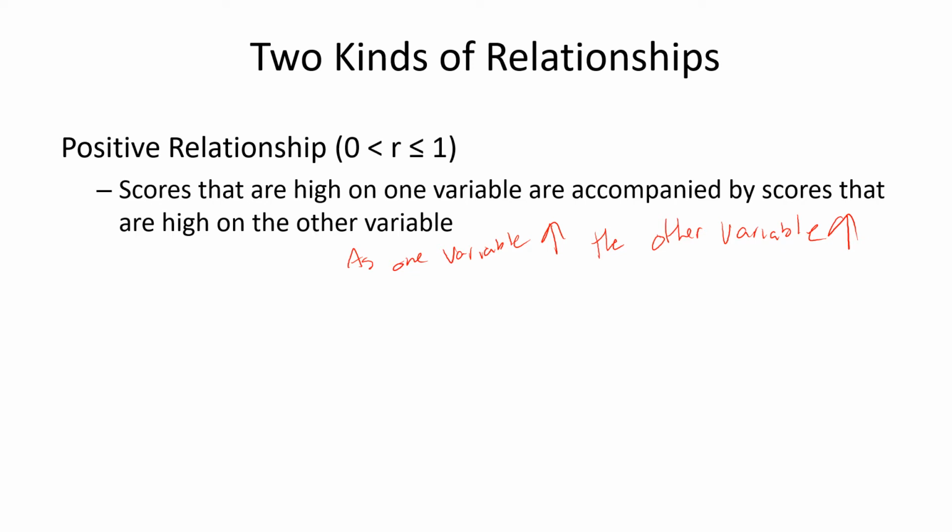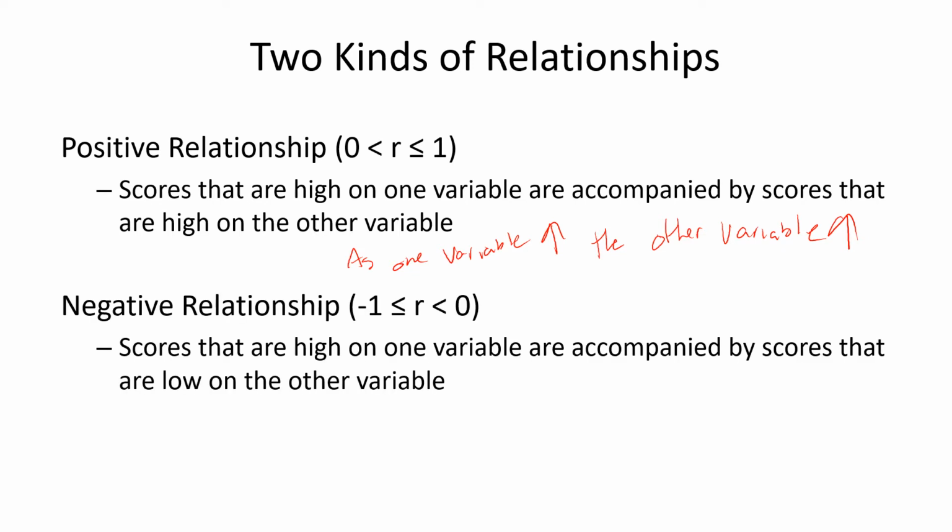As temperature goes up, aggression goes up. A negative relationship, on the other hand, is the opposite. As one variable goes up, the other variable goes down. So as one variable increases, the other variable decreases. And this is that example with drinking and exam scores. As drinking goes up, exam scores go down. So that's just looking at the directionality, positive and negative. I already explained magnitude or strength, and I already explained the range.